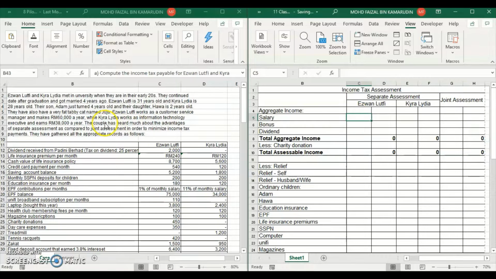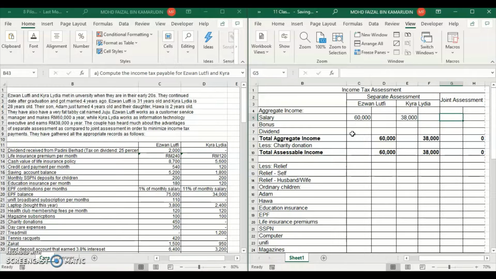So we record the salary first. This is the first part, where we are preparing the total aggregate income. This is the part that you have to tackle first, the first step in preparing the income tax. So record the salary for S1 60,000 and 38,000 for Kyra.